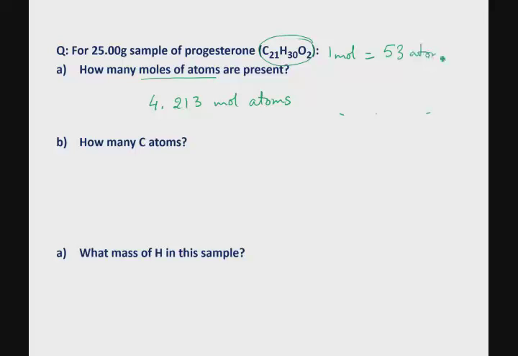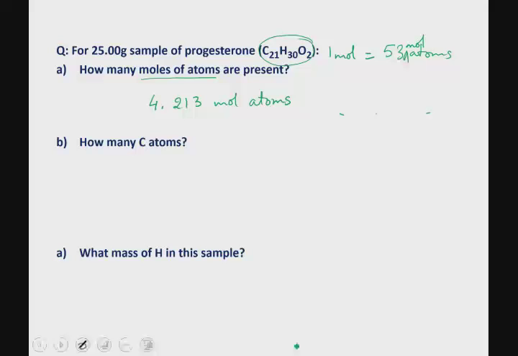So if you add up all of them, one molecule has 53 atoms total. So 1 mole of progesterone has a total of 53 moles of atoms. Moles of atoms, not atoms. So the answer therefore comes out to be that.